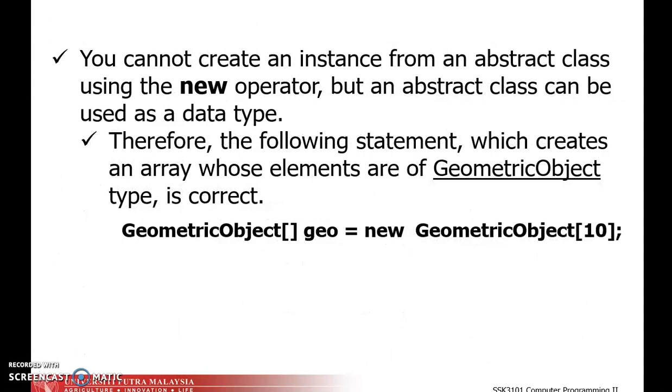And finally, the last slide for today's lesson. We know that an abstract class cannot be instantiated by using the new operator, but it can be used as a data type as shown in the following example. According to the statement, we create an array named geo, whose elements are of geometric object type, and this is okay and fine.